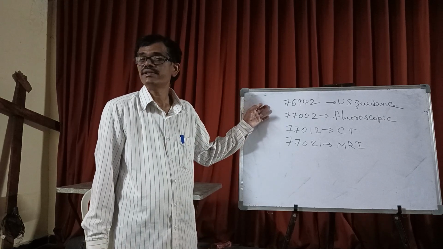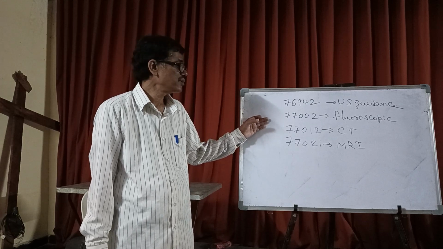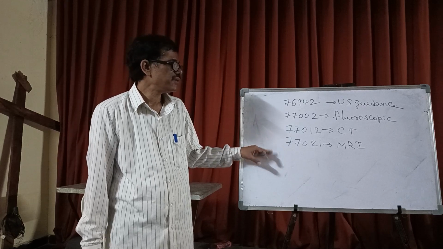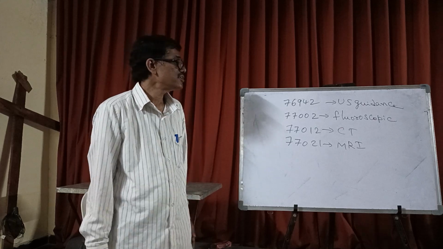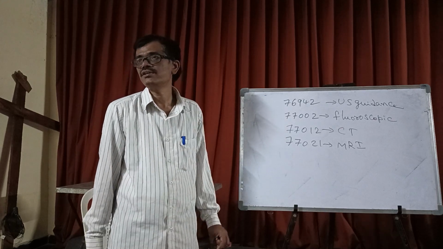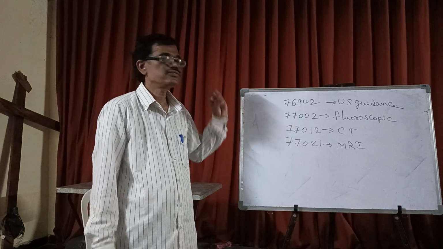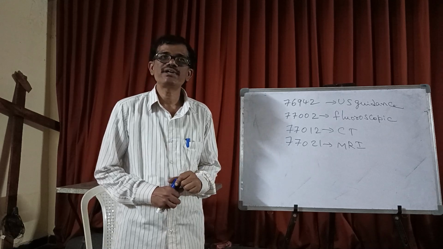Ultrasound guidance is 76942, fluoroscopy 77002, CT 77012, and MRI 77021. So did you understand the difference? What kind of guidance do we have like this? So if you are using, for example, I have to do a liver biopsy.